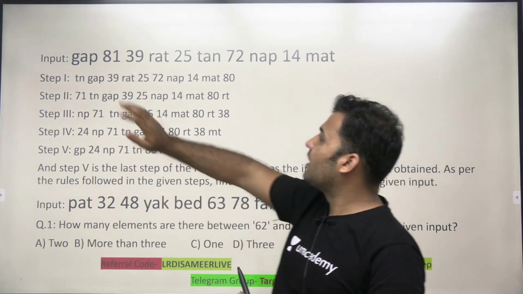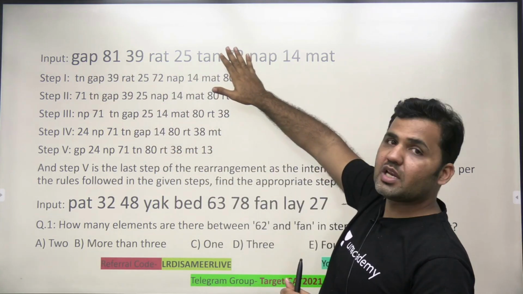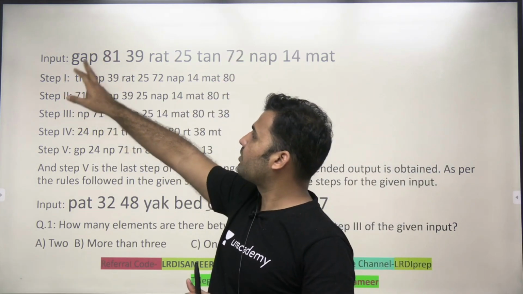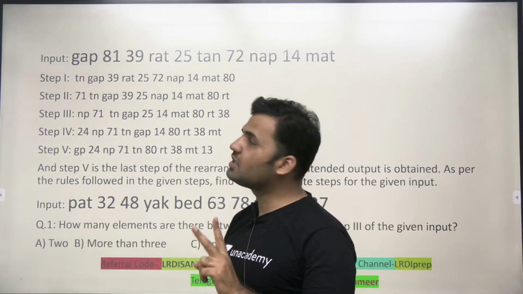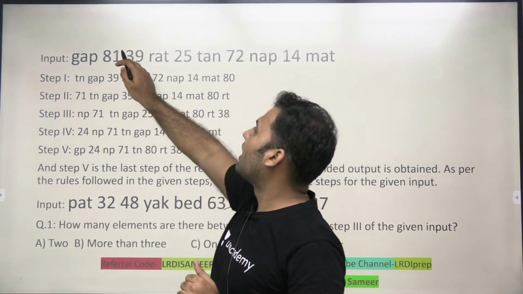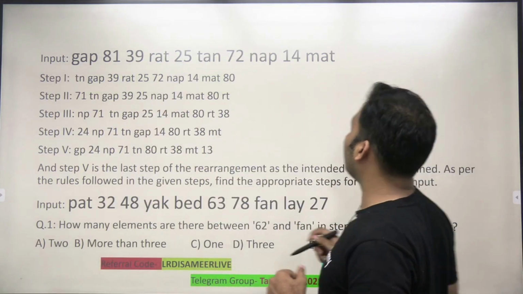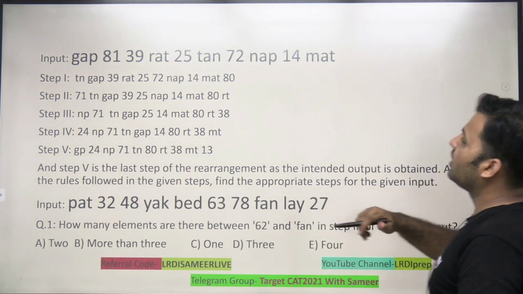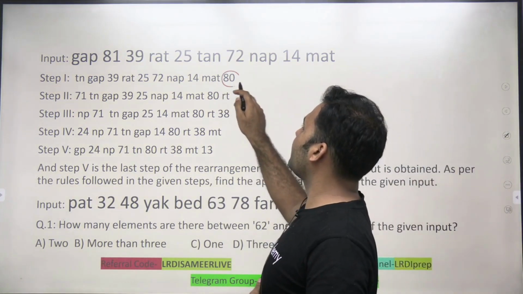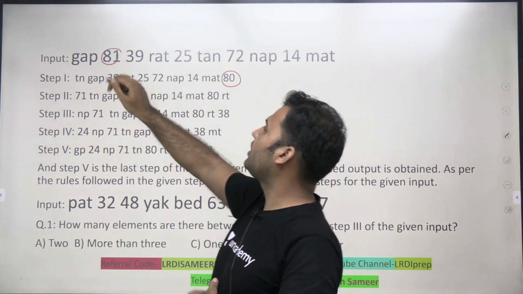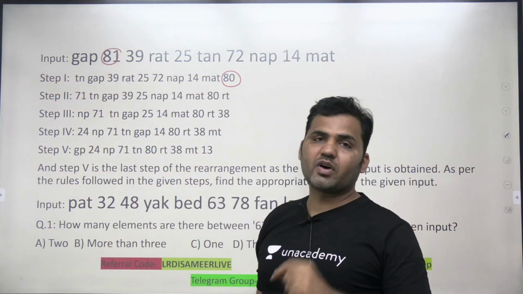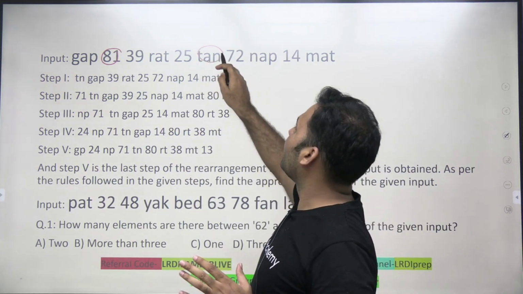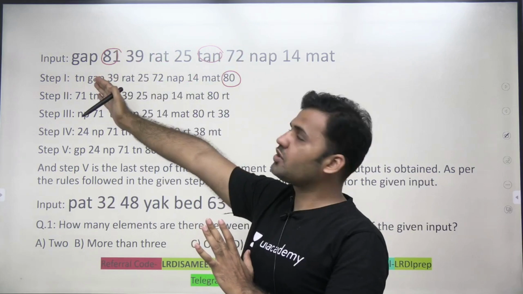You see that here the input is given as a combination of words and numbers. And if you compare step 1 with the input, you see that 2 changes are happening. One is the highest number, that is 81. The highest number 81 is getting shifted to the right-hand side, and then the word tan has been taken to the leftmost position.